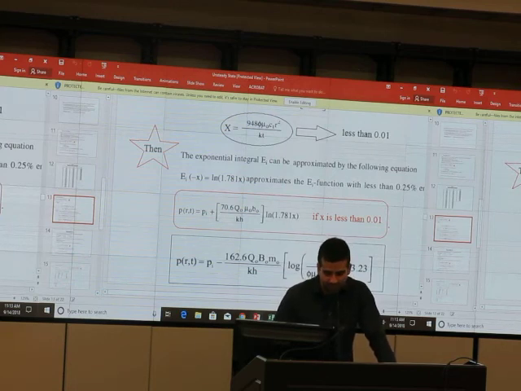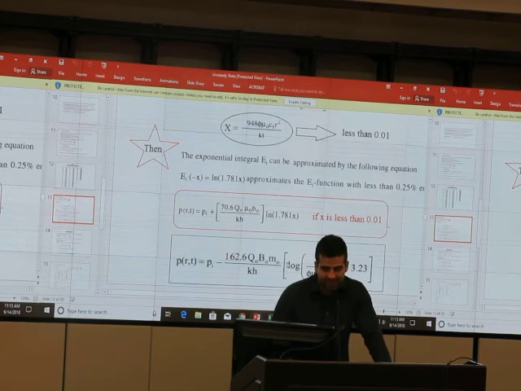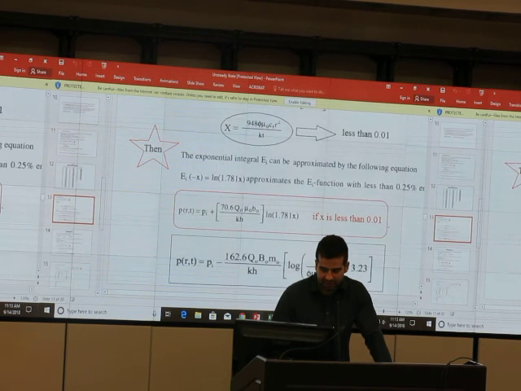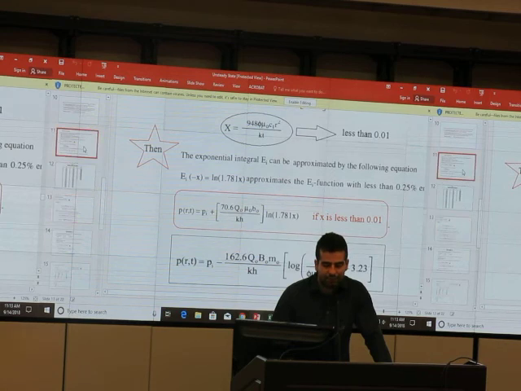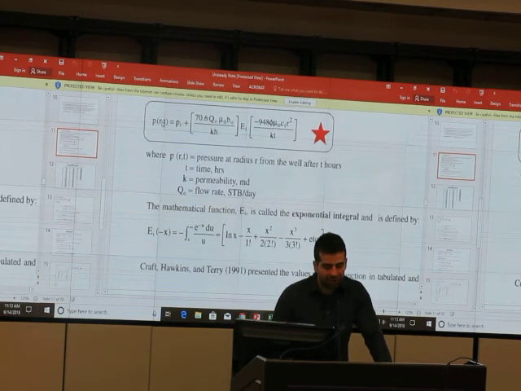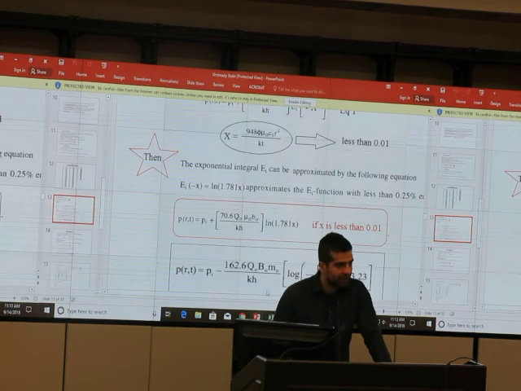Is it clear? So when we talk about this equation, okay, it is an approximation for the Ei function. Okay, this log here is an approximation of this Ei function when you're talking about Pwf, which implies r equals rw. Okay, any question on this one?